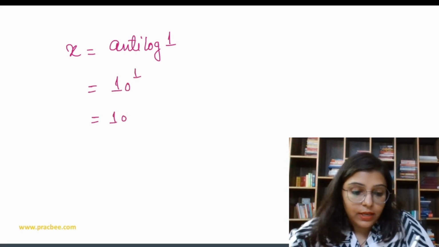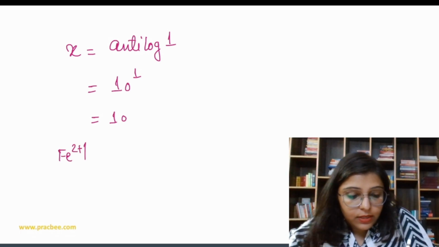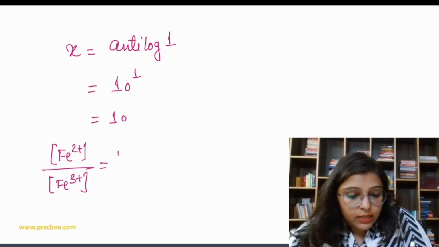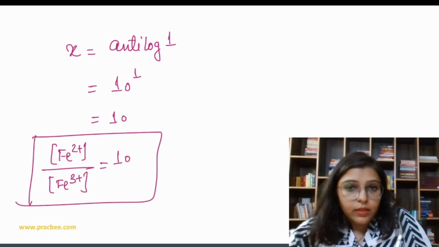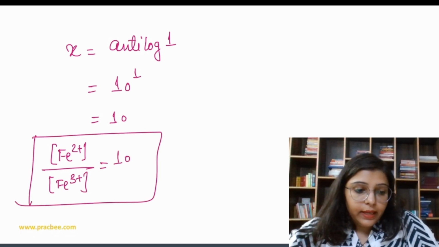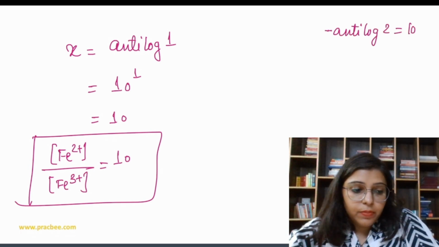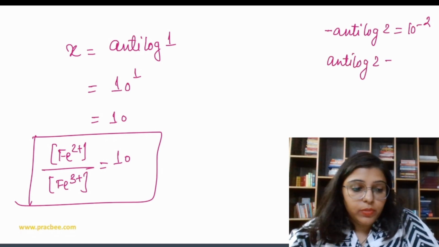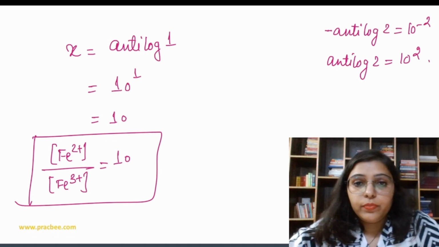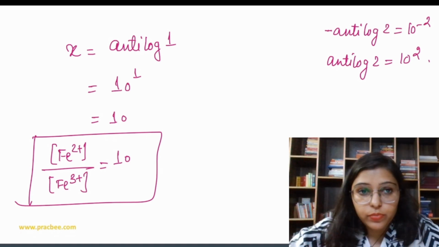So the ratio of Fe2 plus concentration and Fe3 plus concentration is equal to 10. Like if I have anti-log of minus 2, it is 10 to the power minus 2. If I have anti-log of 2, it is going to be 10 to the power 2.